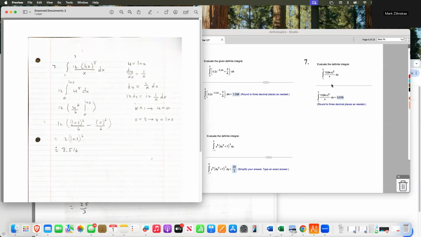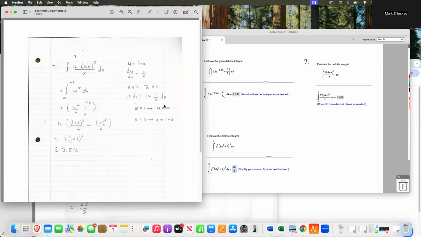I actually have 12 over x. So I've got to be accountable: if u is replacing the natural log of x, which it is, to the 5th power, then 12 over x times dx, right? So if I multiply both sides by dx, I get du equals 1 over x dx.